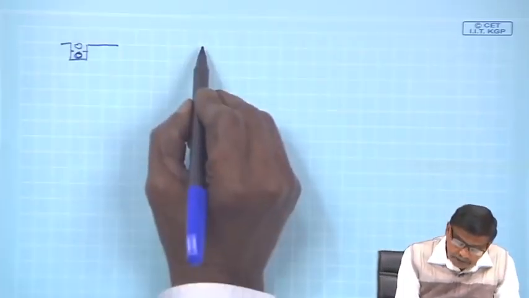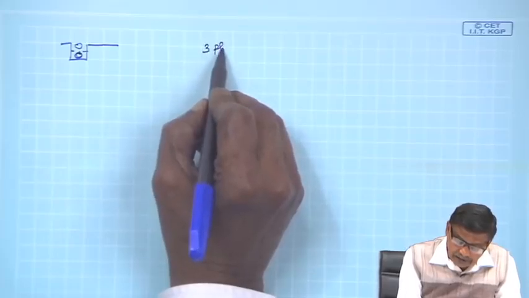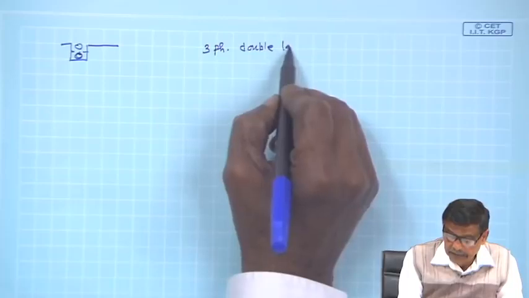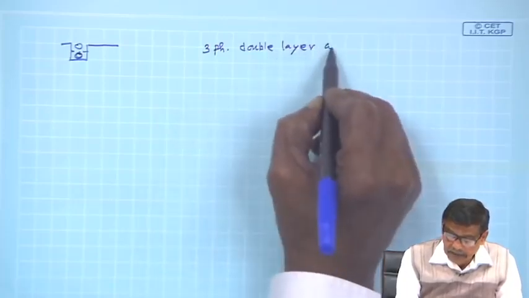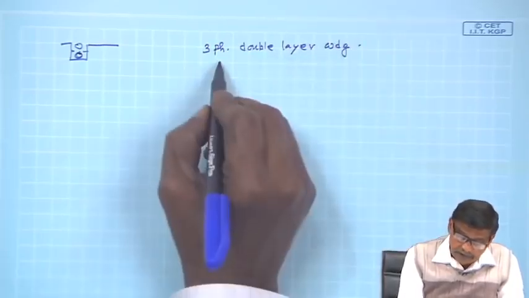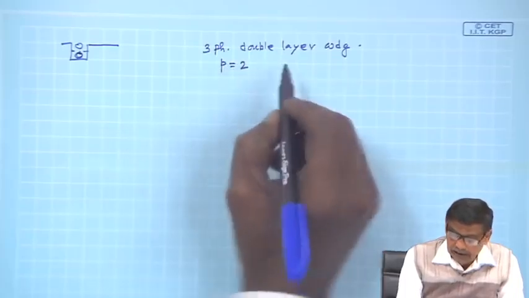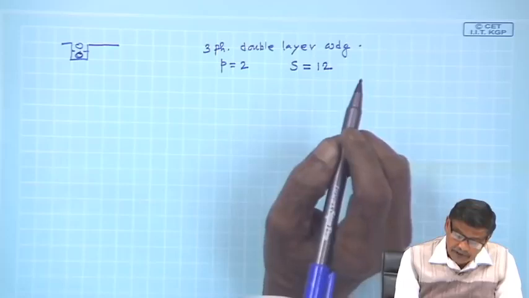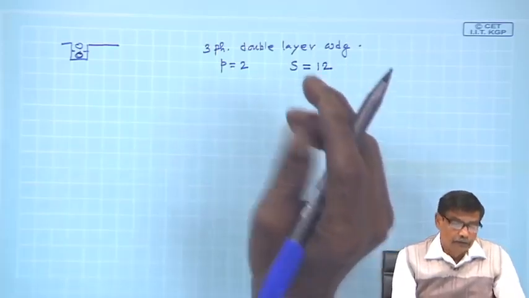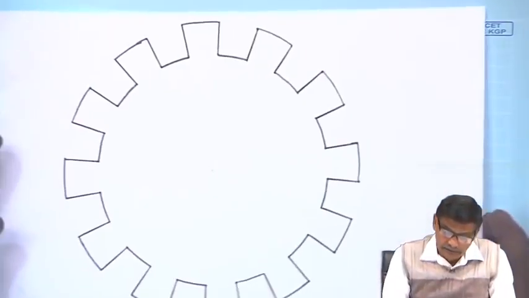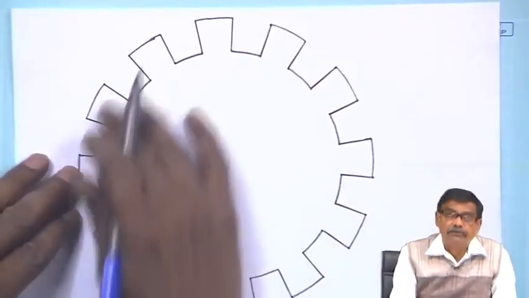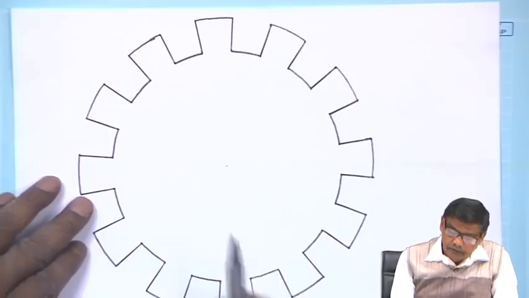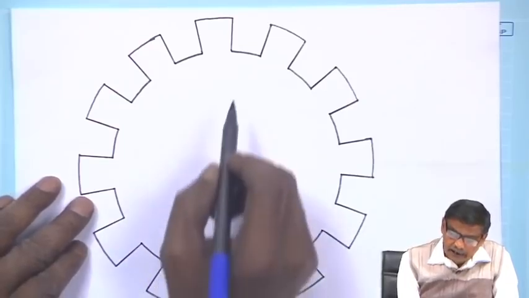So, our problem is I want to make a three-phase double layer winding with P equal to 2 and total number of slots equal to 12. So, I have just drawn an actual view of the rotor slots like this, and I can number them in any way I like.